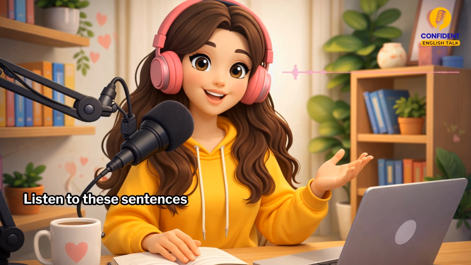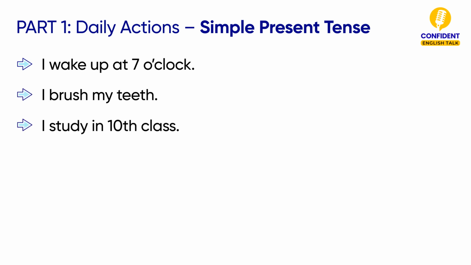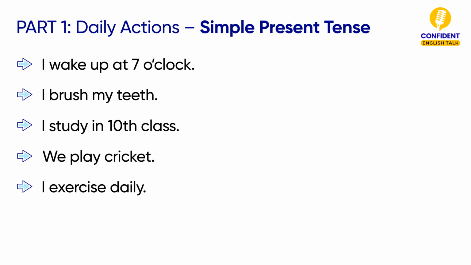Listen to these sentences carefully. I wake up at 7 o'clock. I brush my teeth. I study in 10th class. We play cricket. I exercise daily. I read the newspaper.